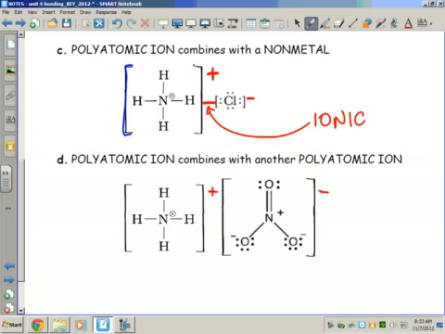But if we look within the polyatomic ion, it's a nitrogen and 4 hydrogens, all of which are nonmetals, meaning these 4 bonds must be covalent. So anytime you see a question asking you to identify a compound containing both ionic and covalent bonds, you're looking for something that contains a polyatomic ion.